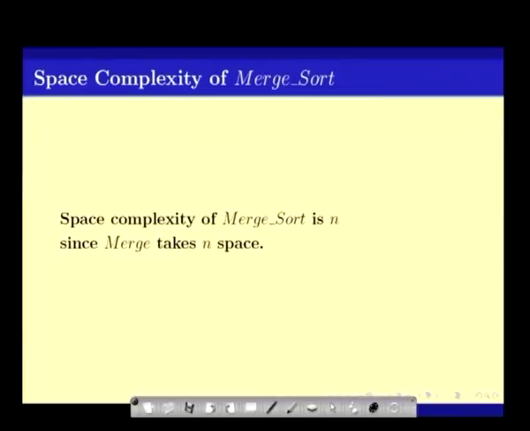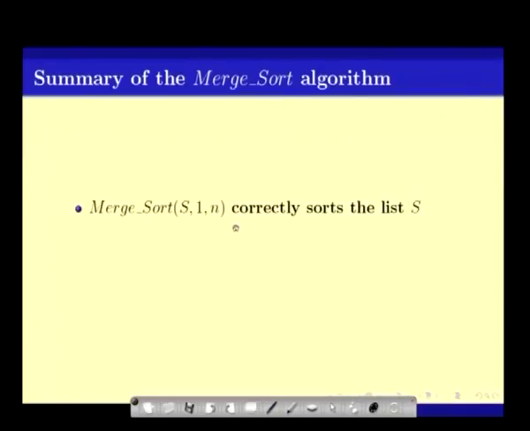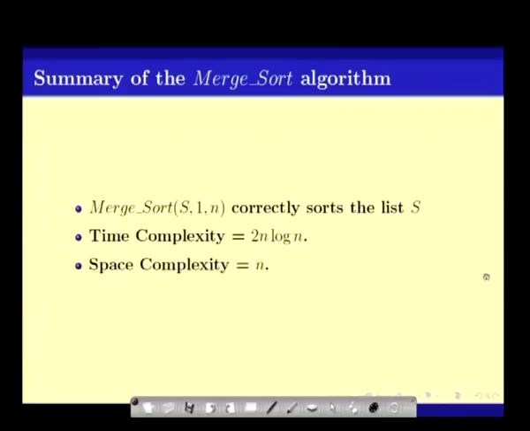So, the space complexity of this merge sort algorithm is n. To summarize, merge sort on S, 1, n will sort the whole list. The time complexity will be twice n log n, whereas the space complexity will be n.